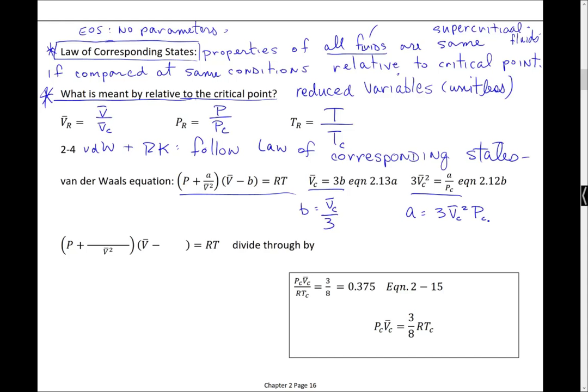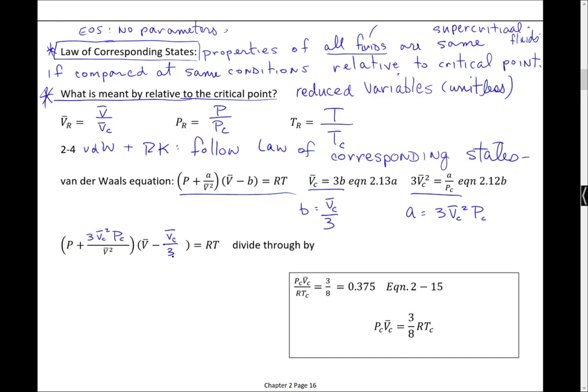Okay? So I now have some things that I can substitute into my equation of state. And that's what we're going to go ahead and do. All right? So my very first one, I'm going to put A in there. So it should be 3 VC squared PC. Okay? Next up, I want to put in our identity for parameter B. That's going to be VC, molar volume at the critical point, over 3.